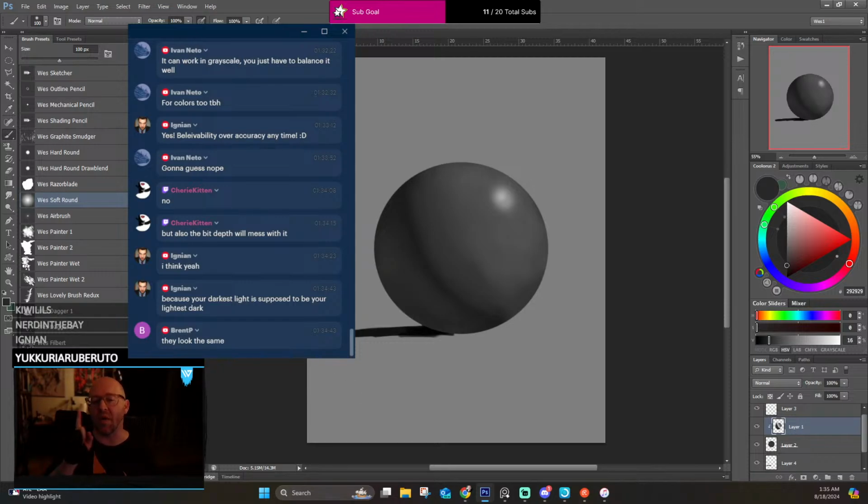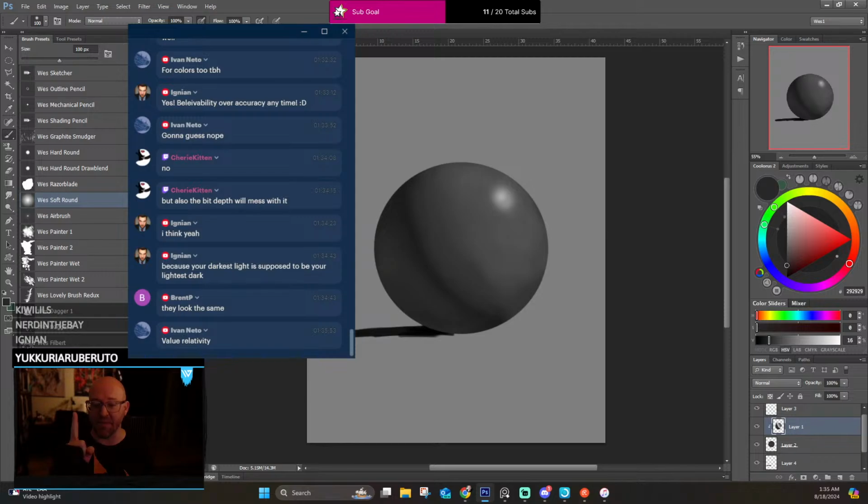Because this is one of the only times, and we'll also see it on a landscape in a minute, you can cross your values, but just once, just in one area, okay? Value relativity. This is the lightest part of the shadow. This is the darkest part of the midtone. Does that make sense?